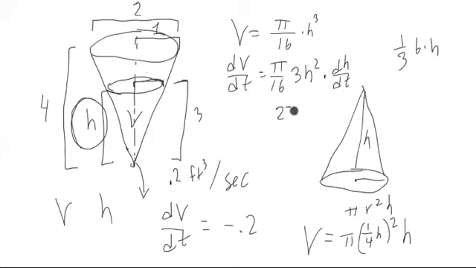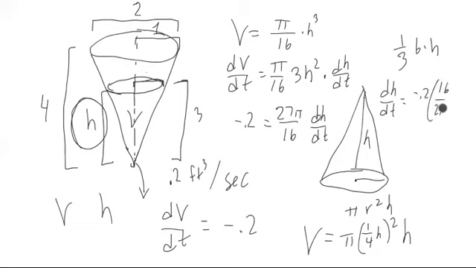So 27 pi over 16 times dH/dt is equal to dV/dt, which is negative 0.2. That means dH/dt will be equal to negative 0.2 multiplied by 16 over 27 pi.